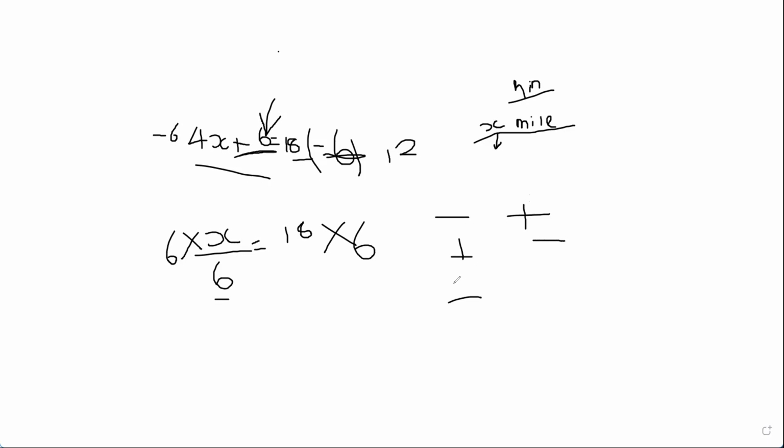If it's being divided, like this example, you multiply on the other side. If it's being multiplied, you divide on the other side. So basically doing the opposite thing for us to get the opposite thing. Like in this example, we had +6. So how do you get rid of +6? You subtract 6. So we would only need to multiply by 6 if it was being divided by 6.